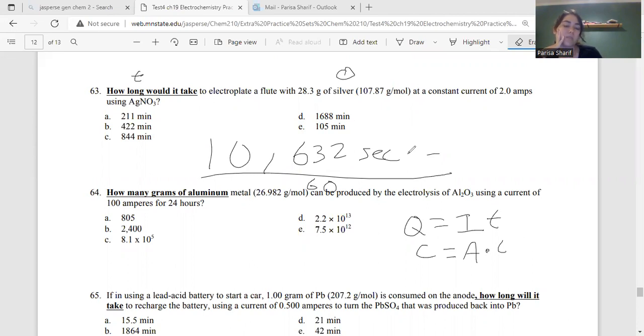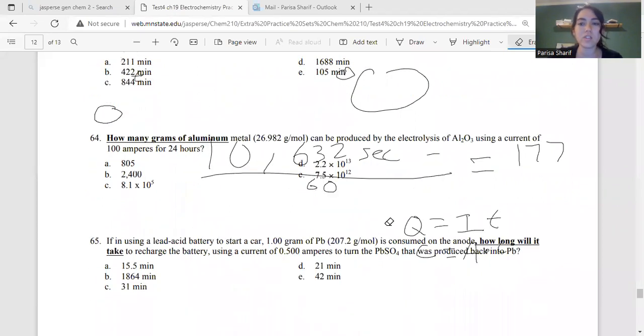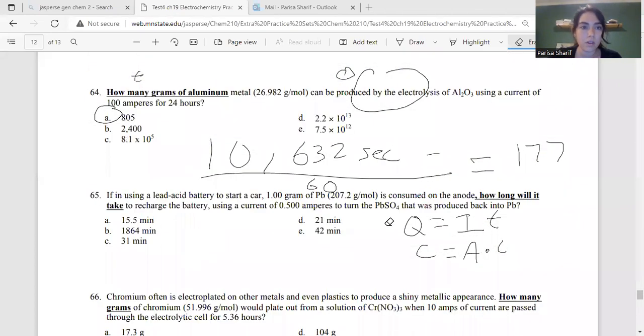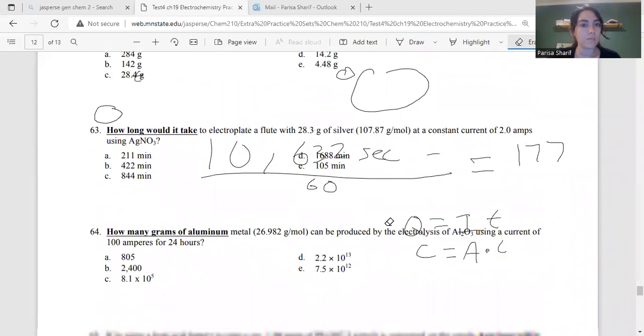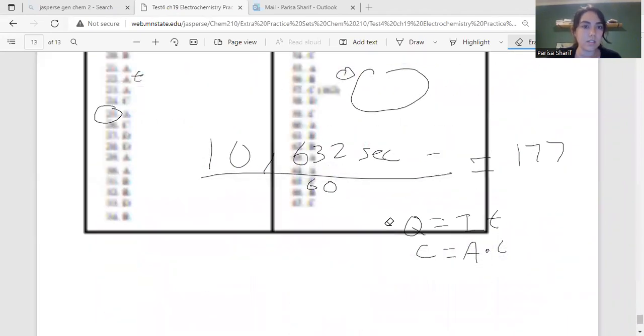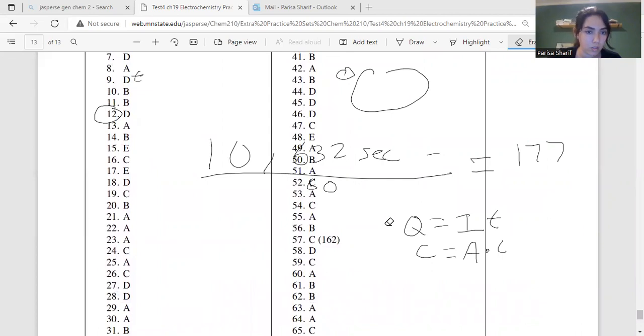Oh, I think this is because of the rounding, most likely, because I rounded this to 108, because we definitely did it correctly. So I'm guessing that the answer should be 211 because that's the closest to 177, which I got in my calculator. So hopefully when you guys do it, you get the right answer. Let me just check real quick to make sure that it is 211, and we didn't make a major mistake.